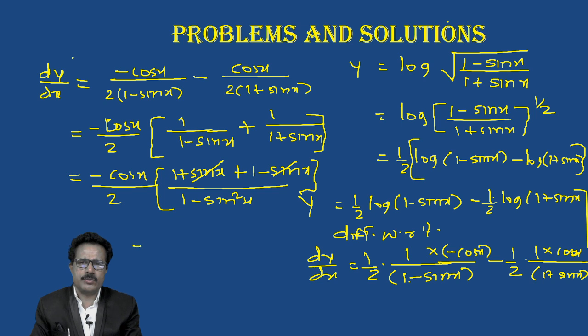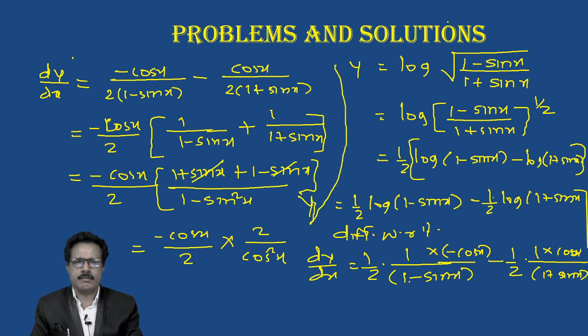That is equal to minus cos x divided by 2 into 1 plus 1 means 2, divided by 1 minus sin square x, which means cos square x. That is equal to, the cos x and cos square terms cancel, 2 gets cancelled, minus 1 upon cos x. The final answer is minus sec x. This is the dy by dx.